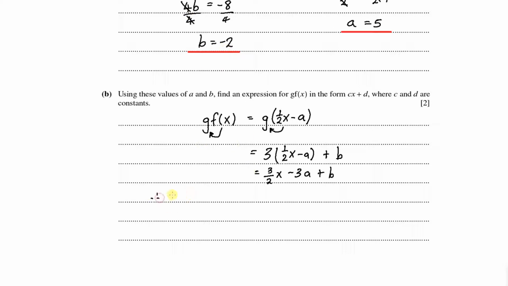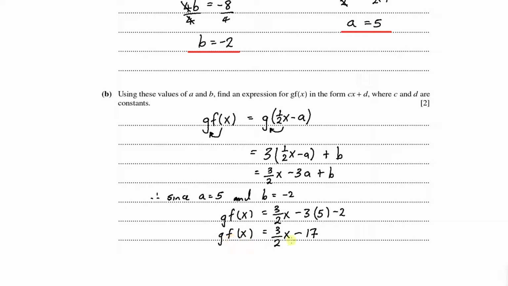So therefore, since a is 5 and b is minus 2, g of f of x will now be 3 over 2 of x minus 3 of a, which is 5, plus b, which is minus 2. So eventually we'll be getting 3 over 2 of x minus 15, from 3 times 5, minus 2, that's minus 17. And this is the value of g of f of x. So that's the answer to part B.